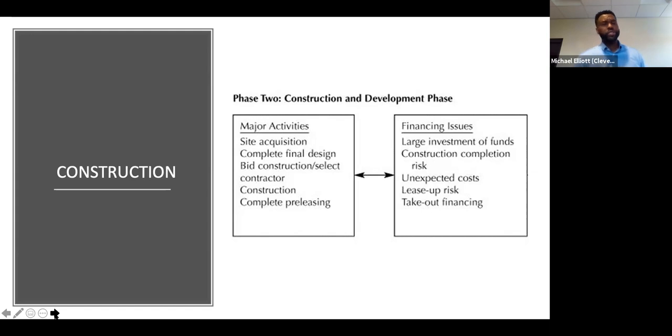Then there's lease-up risk. There's the possibility that as you try to negotiate contracts with tenants, that can go south, again putting a little wrench in the entire process. And then takeout financing. Keep in mind that a lot of times when you're getting a construction loan, it's specifically for the construction.